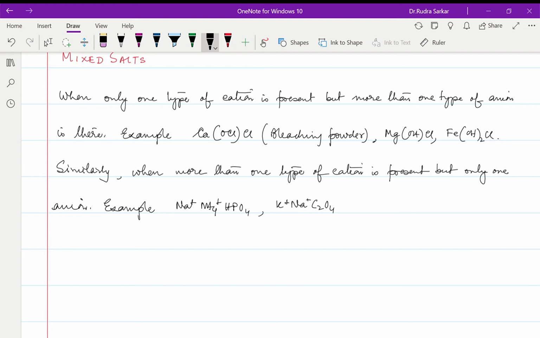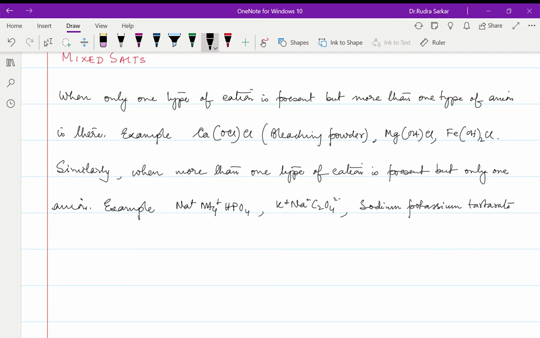This can also be there. We can also have sodium potassium tartrate.